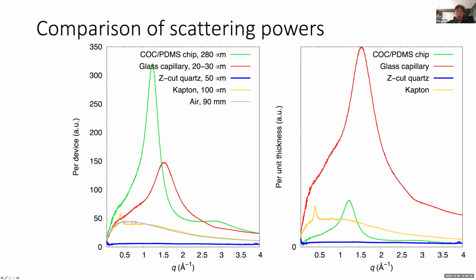Here I want to emphasize this blue line. This is single crystal quartz. So per thickness, it scatters very, very little. The reason why it scatters very little is because there is no water or any kind of disordered material in this material.